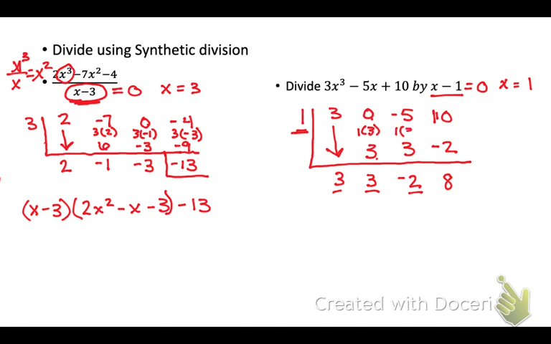What's 3 times 1? So my answer is x minus 1, parentheses, 3x squared plus 3x minus 2, parentheses, plus 8.